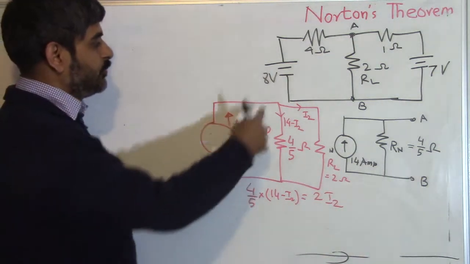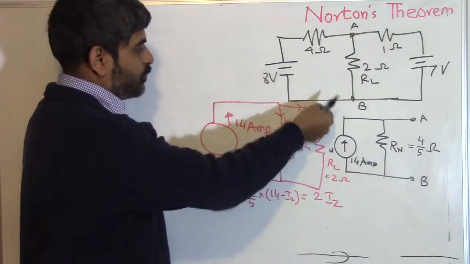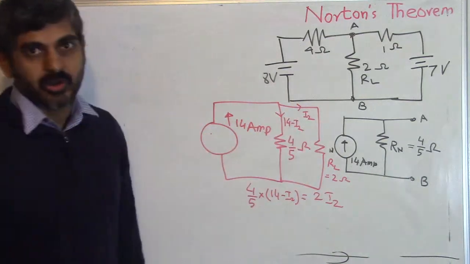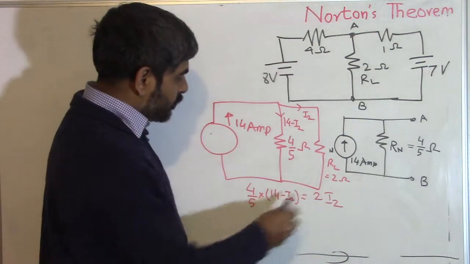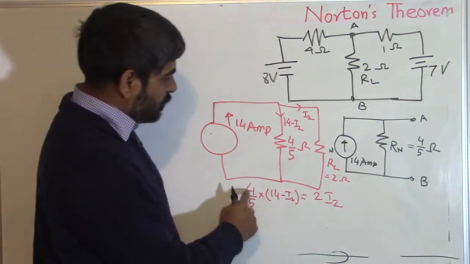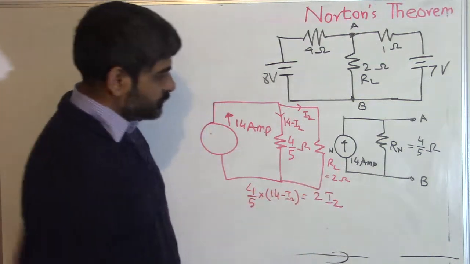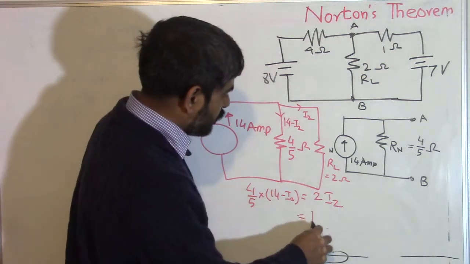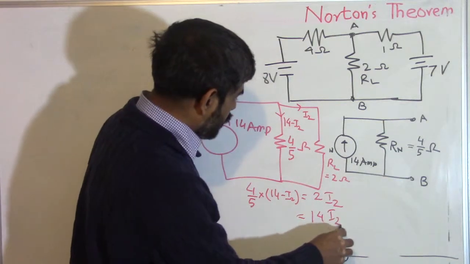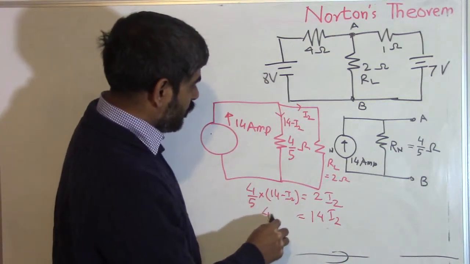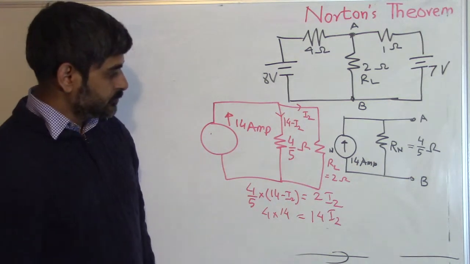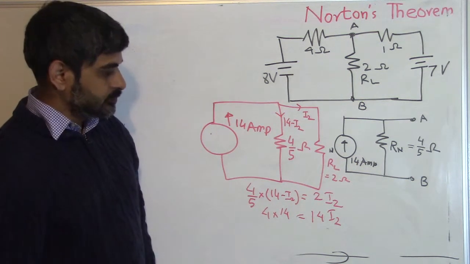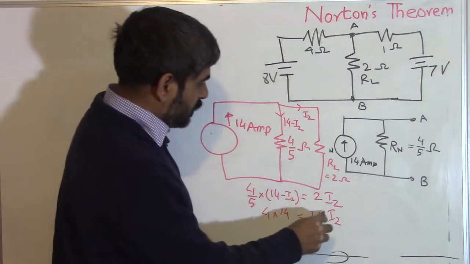This is simple. The voltage is the same across this point, if you measure voltage across this point. 5 goes on this side, so 10 I2 plus 4 I2, 14 I2, is equal to 4 into 14. 14 cancels.